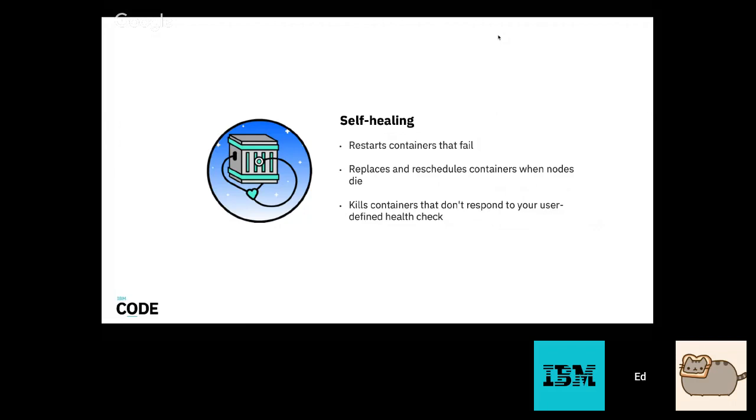A node, think of it as a compute pool, I guess, or a physical worker that is running your containers. If that entire machine goes out, Kubernetes is aware of that, and it will replace and reschedule those containers onto other machines to make sure you always have as many as you need. It will also kill containers that don't respond to your health checks if you define those.